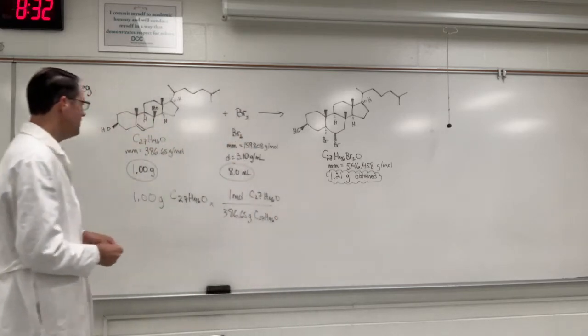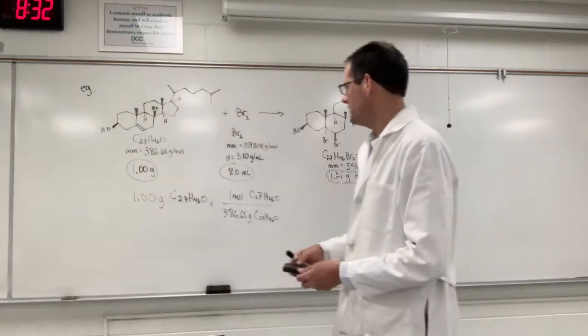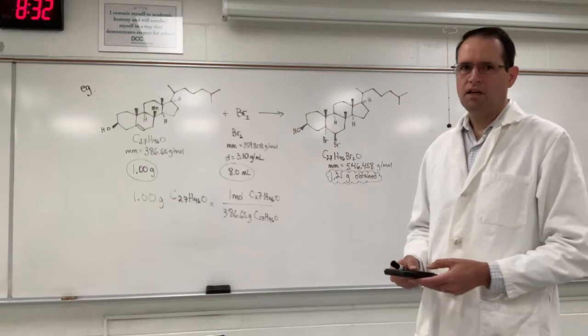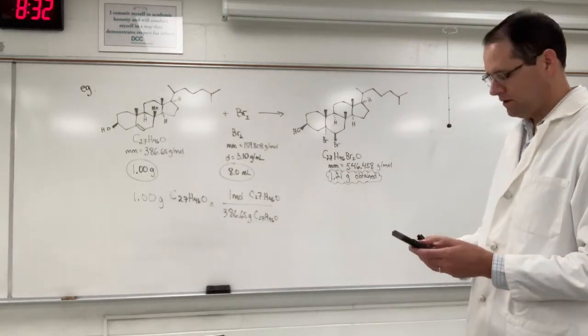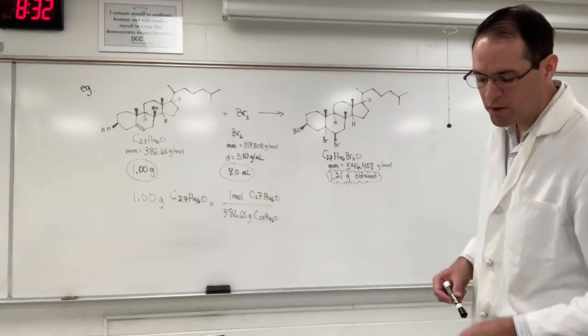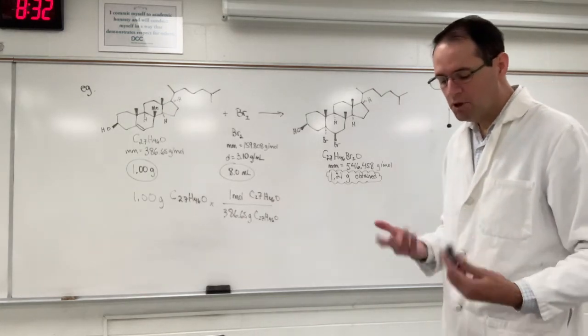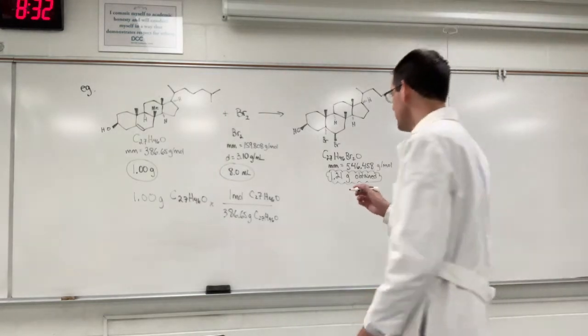So we divide by 386.65, and that will be the number of moles of cholesterol. Some professors and labs want you to do it in millimoles. I'm just going to do it in moles here. So I get 2.59 millimoles, or 2.59 times 10 to the minus 3 moles.